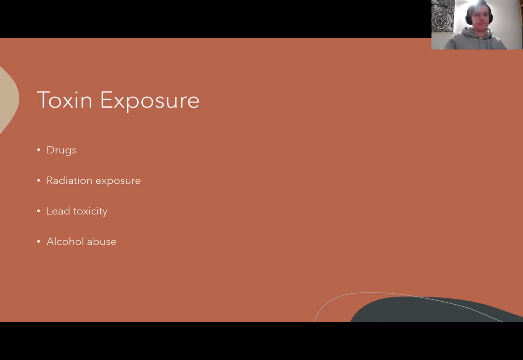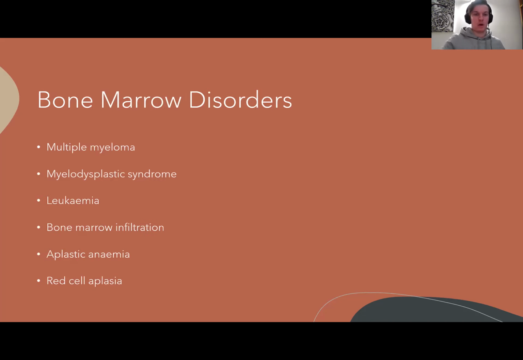Aplastic anemia is a kind of anemia that is a result of stem cell failure. You get pancytopenia, which can be seen with some kinds of leukemia as well. Pancytopenia means that you get a low red blood cell count, low platelets, low white cells. So think about what effects that will have.